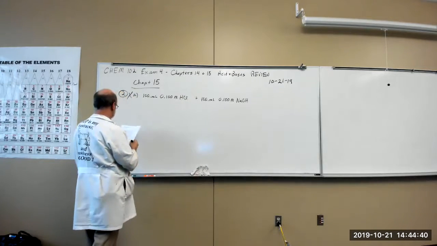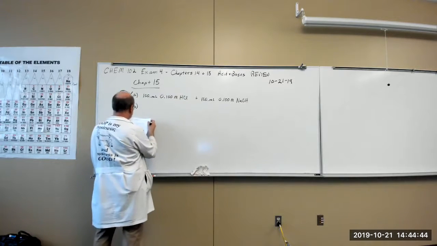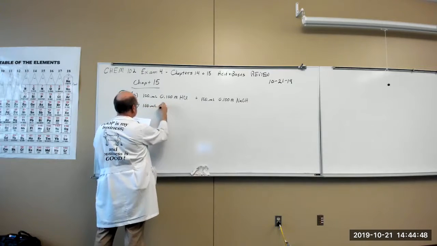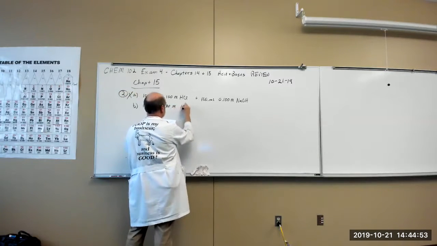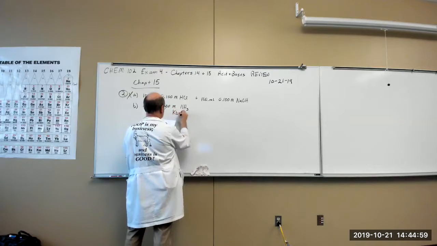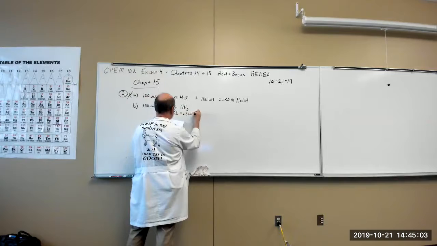How about this one? The 100 milliliters of 0.1 molar ammonia, and it gives it a K value, Kb equals 1.8 times 10 to the minus 5.